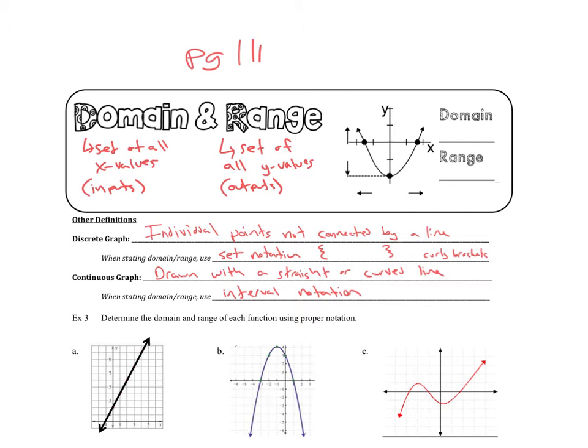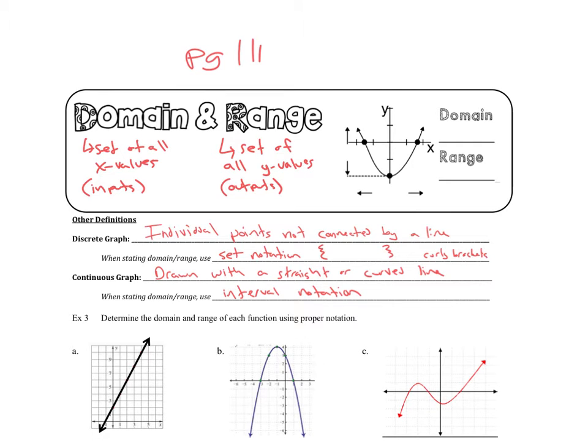Okay, and so when we talk about domain and range, that's what we're talking about, the x values and the y values that are part of a relation or part of a function. We have these two definitions here, discrete graph and continuous graph, and you can see it already is filled in there.